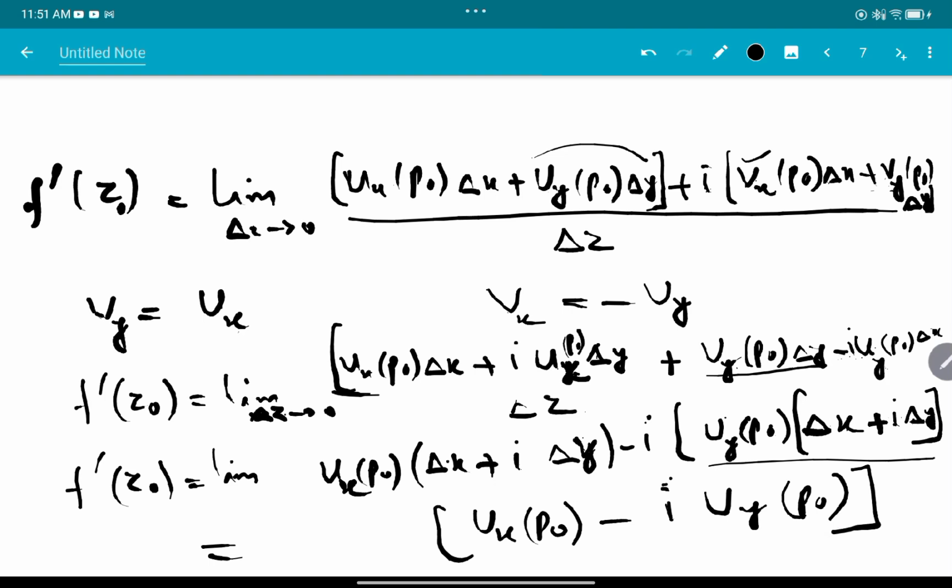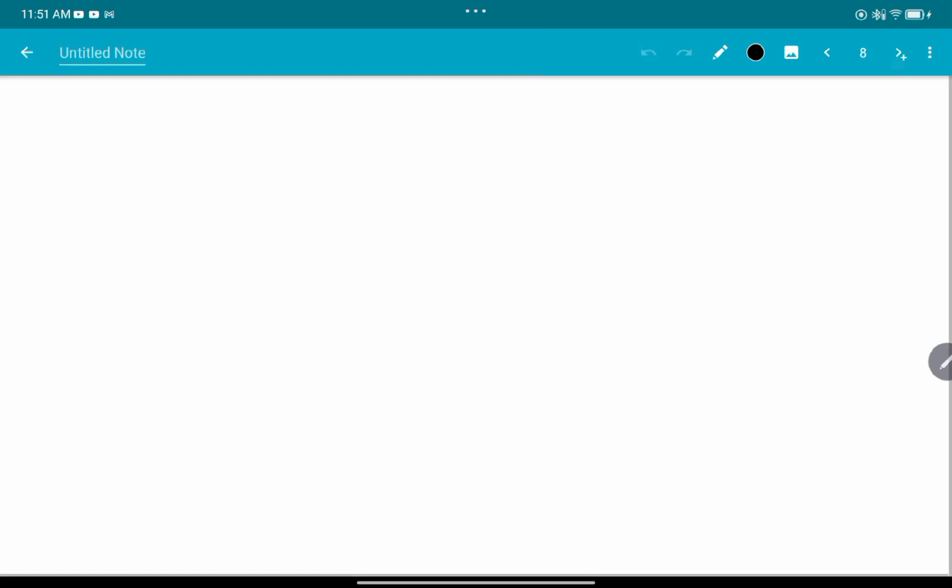Now you can substitute for P0, you can write that as z0, it is one and the same thing. And finally we have our expression for f dash z.